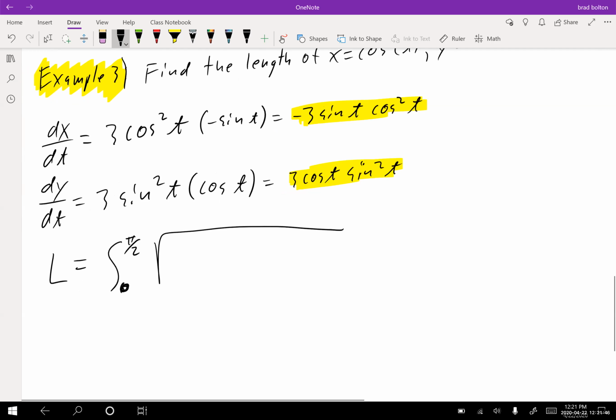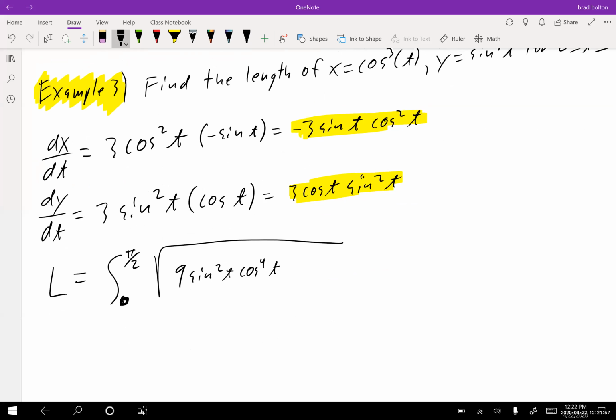So dx/dt squared would be 9 sine squared t cosine to the 4th t. And then it says we add, plus 9 cosine squared t sine to the 4th t dt.